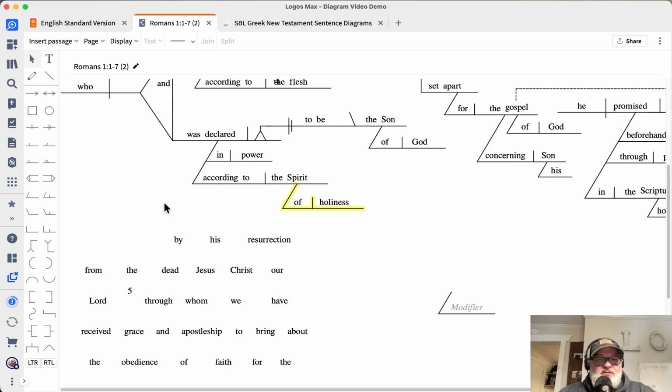It's telling us which Spirit, and it's the Spirit of holiness. And then it's telling us again how, or the means or the manner, whatever you would like to call it, by his resurrection.